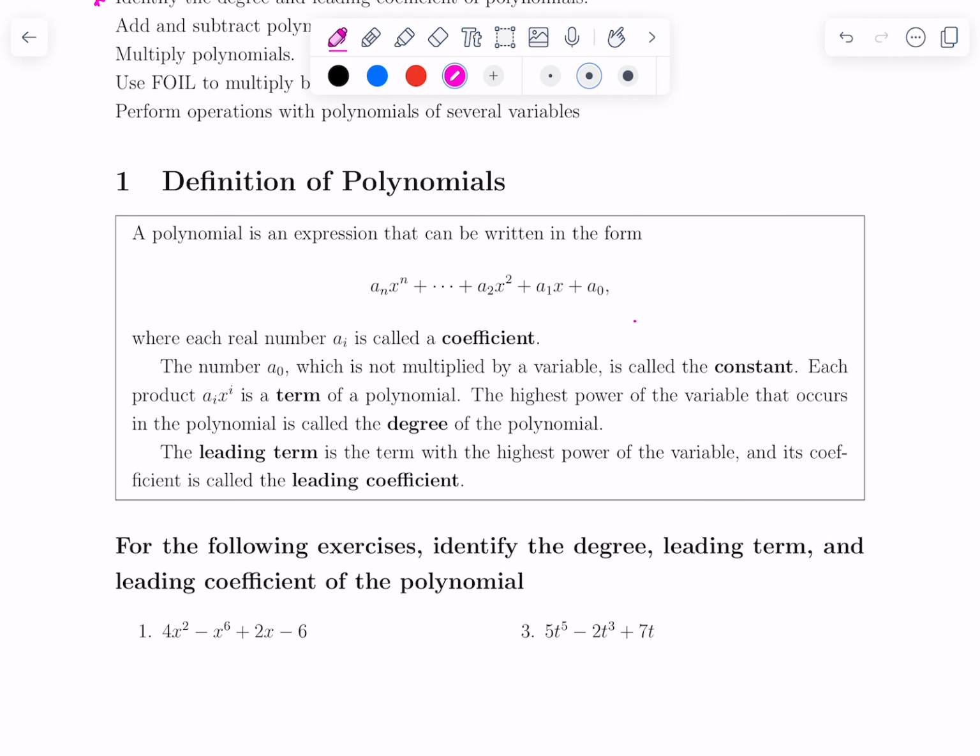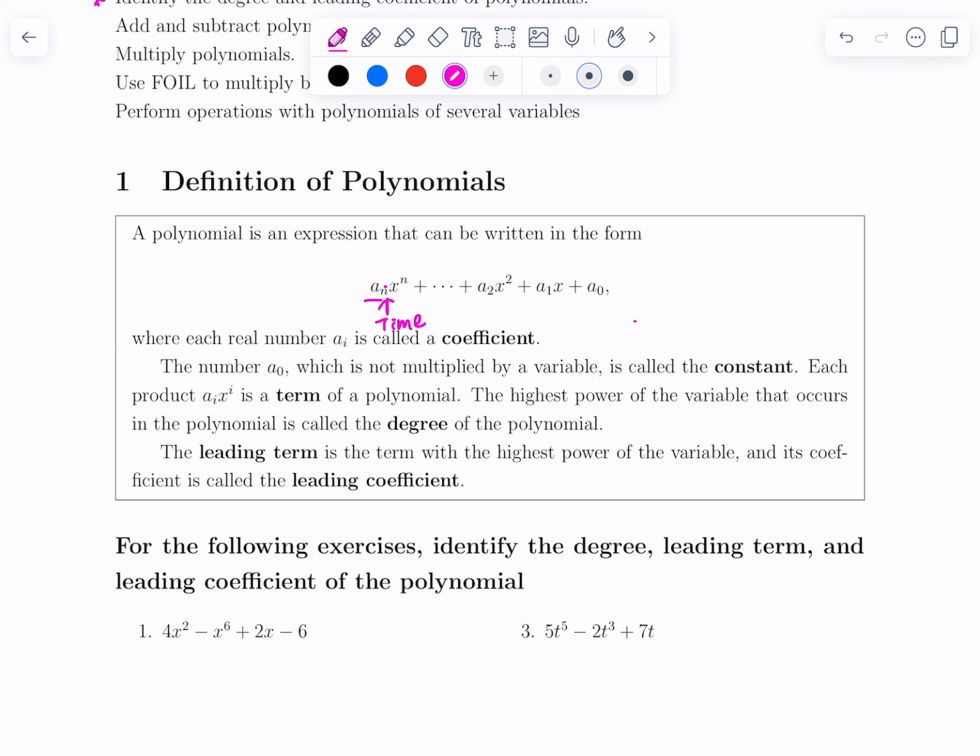So we're going to start with the definition of polynomials. A polynomial is an expression that can be written in the form a_n times, so be careful over here, it means times, x to the power of n plus etc. plus a_2 times x squared plus a_1 x plus a_0, where each real number a_i is called a coefficient.